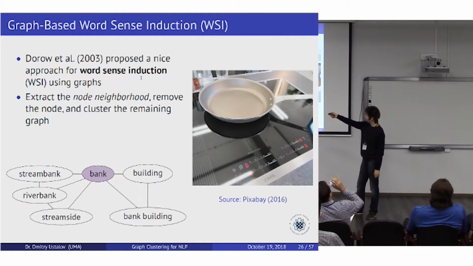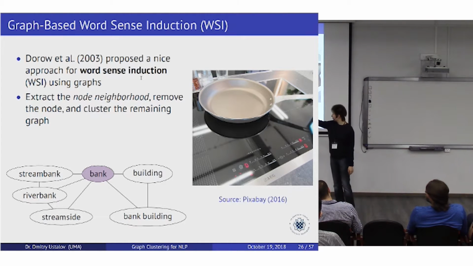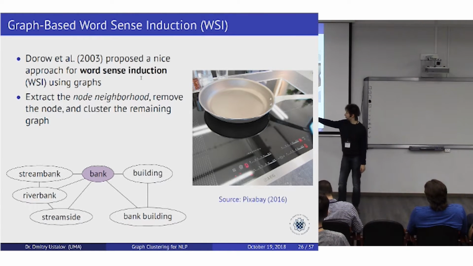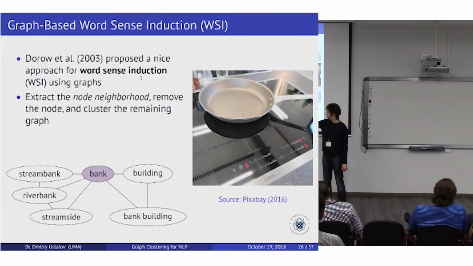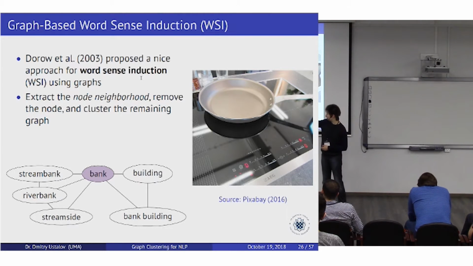and they say, okay, suppose you have a node neighborhood. So you have this node and you have its neighbors. And what if we remove this target node? You are trying to come up with the senses of this word. And given this graph, you feel intuitively that there are two senses. One is bank as a river part.